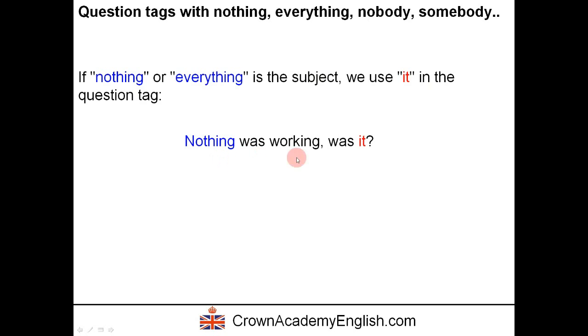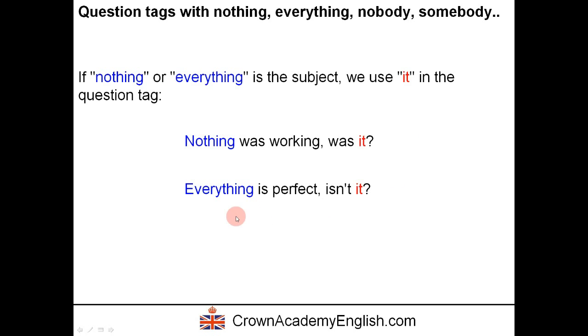Example: Nothing was working, was it? So this is the subject of the sentence. Nothing was working, and it's in the singular here, that's why we have was working, and it's also singular here. So we replace the word nothing with the personal pronoun it, which is third person singular, was it?